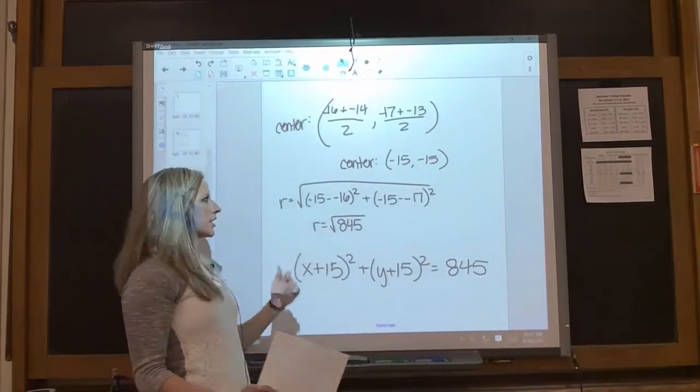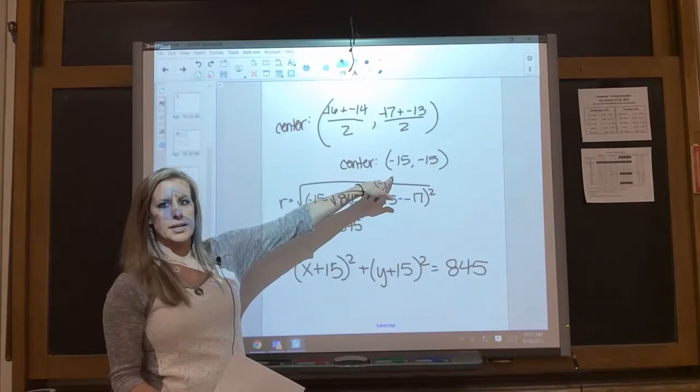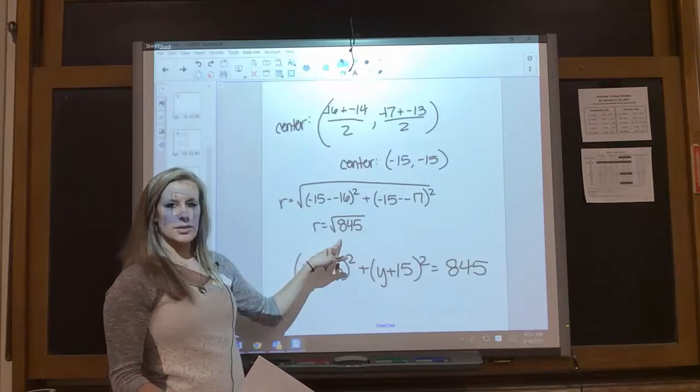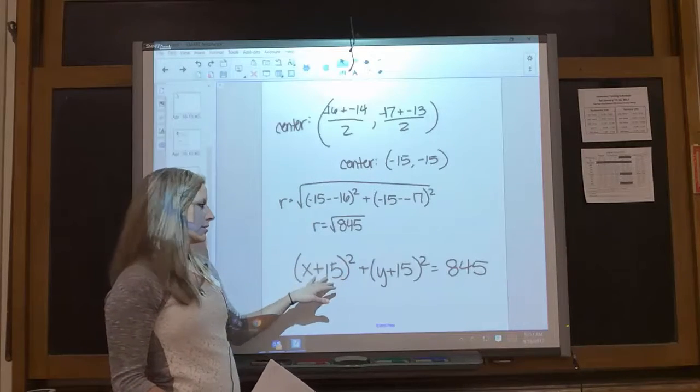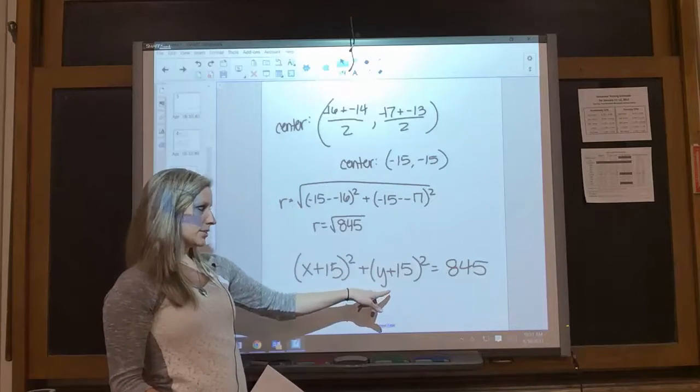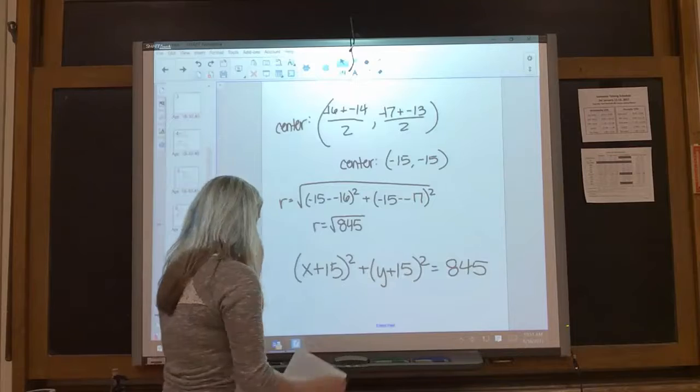Okay, so for the center, you should have gotten negative 15, negative 15. Your radius should have gotten the square root of 845. So your equation is x plus 15 squared plus y plus 15 squared equals 845.